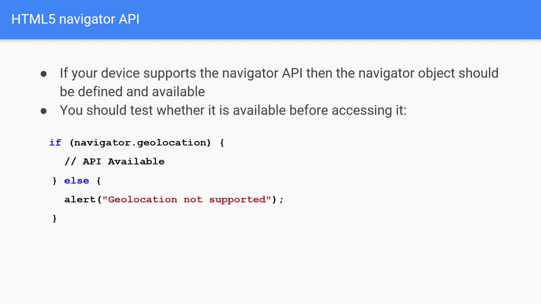If your device supports the Navigator API, then the Navigator object should be defined and available. You should test whether it is available before accessing it. So do a test of if navigator.geolocation. If it works, we'll be able to get our location. If not, then we need to give some error reporting back.